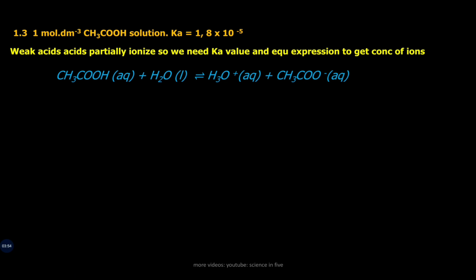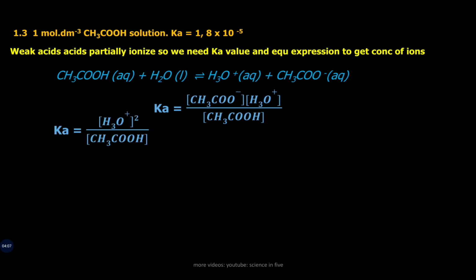So from this equilibrium, write the Ka expression like that. The concentration of hydronium ion and the concentration of CH3COO minus is equal. So we can replace the CH3COO minus with H3O plus like that. Then the next step is now to just substitute in the values.